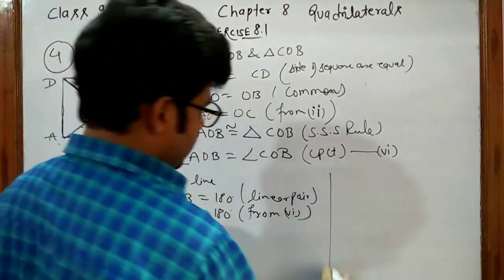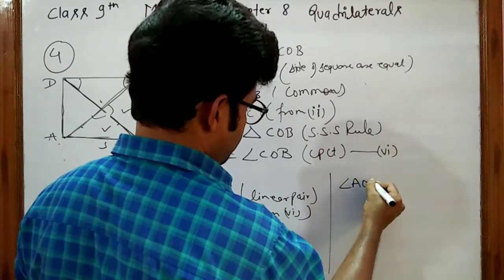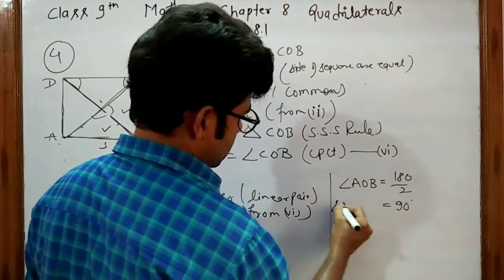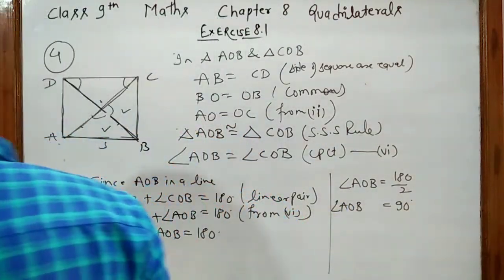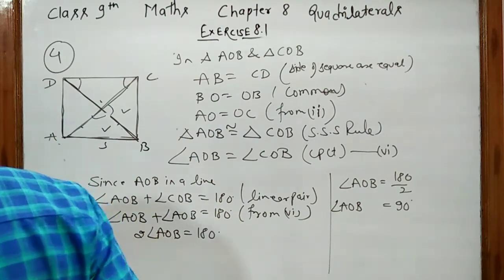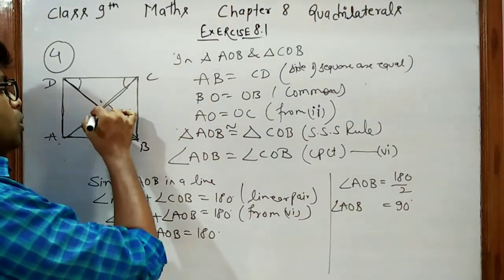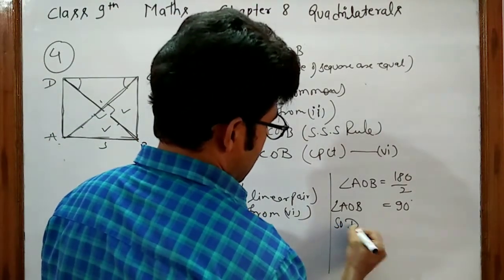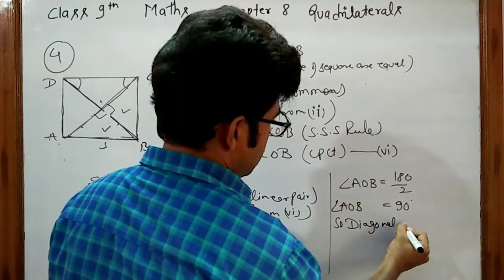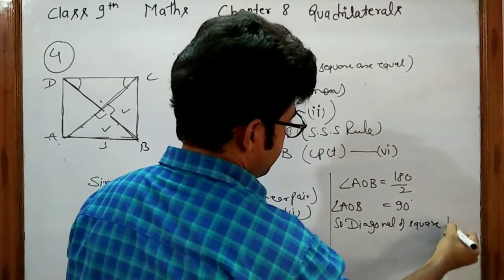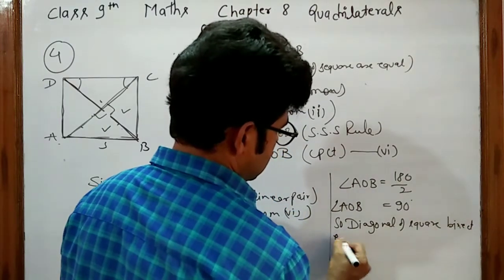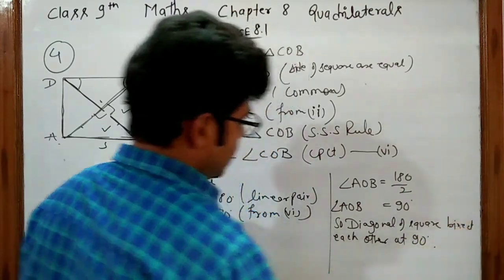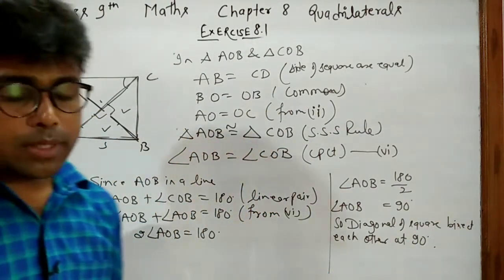Angle AOB is equal to 180 upon 2, that is 90 degrees. This shows that all angles are 90 degrees. So the diagonals of a square bisect each other at 90 degrees. This is the proof.